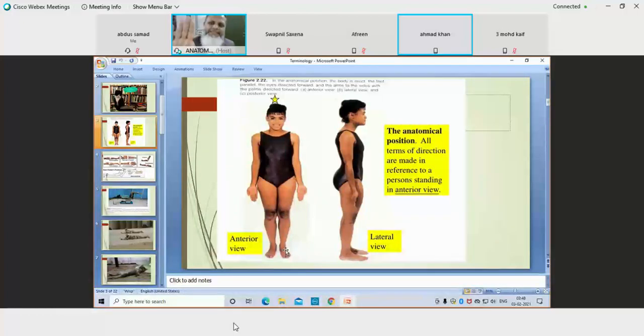Now you can see the texture of both. The plantar surface and the palmar surface have a somewhat similar appearance to the naked eye, and the dorsum of the hand and the dorsum of the foot also have a somewhat similar appearance.